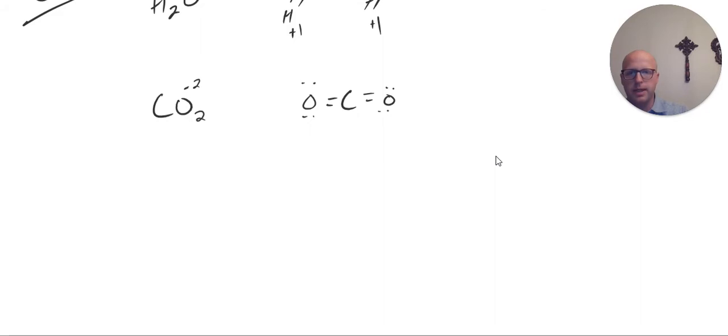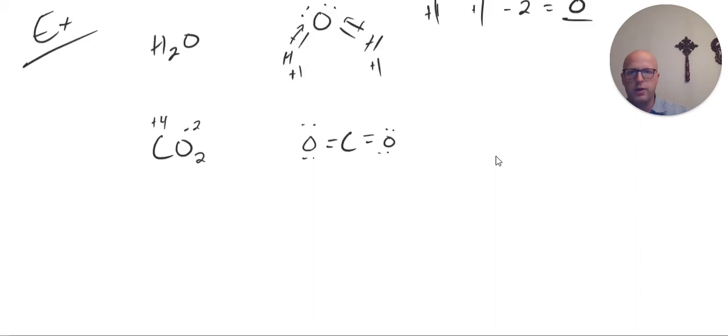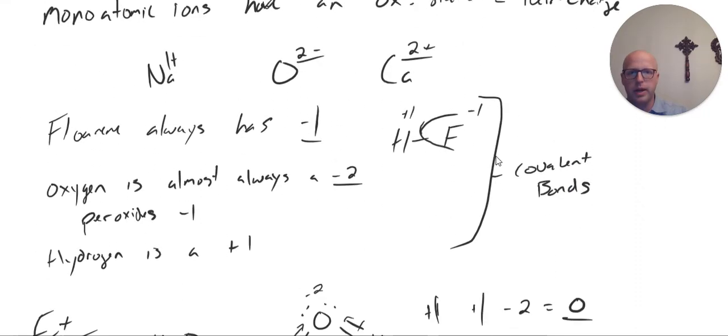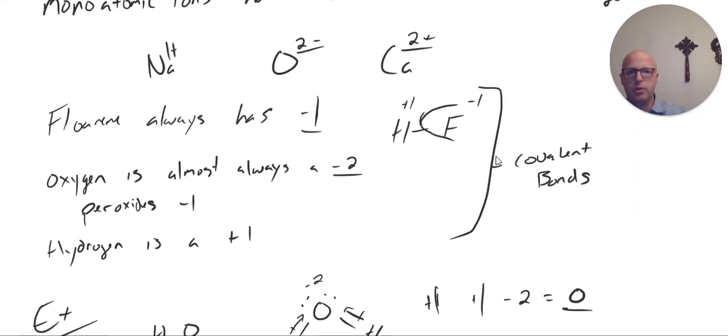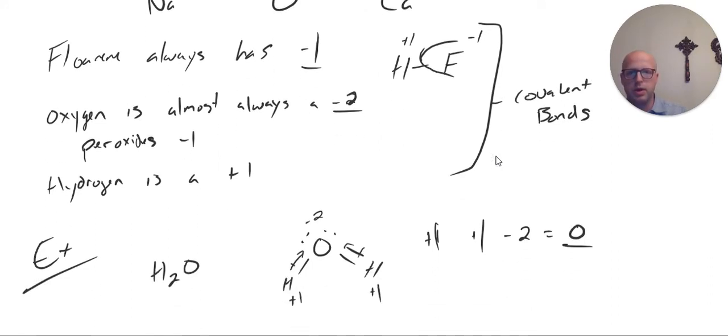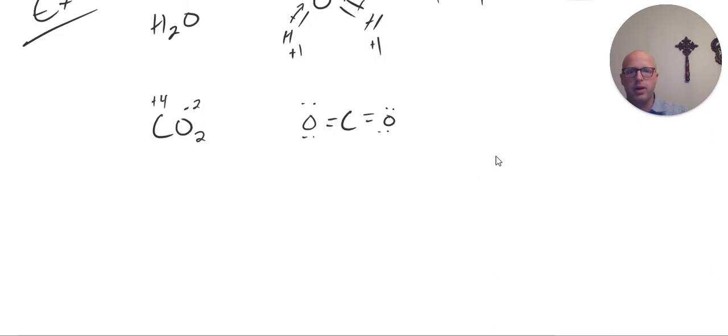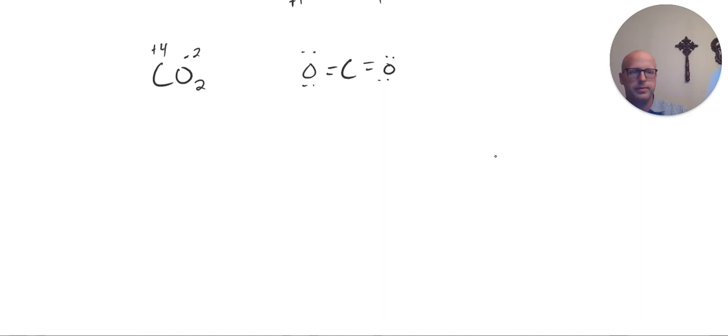So what does carbon have to be in this case? Well, it has to be +4. Now, if you notice, carbon wasn't one of our rules up here. So what we do is we use what we know for sure: fluorine is a -1, oxygen is a -2, hydrogen is a +1. And then we find out what the oxidation states of the other atoms in the compounds are. Okay, let's do one more.